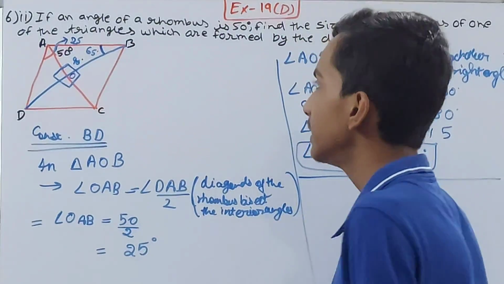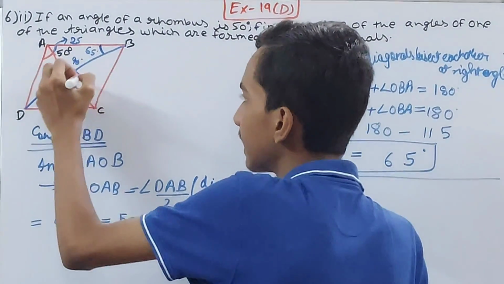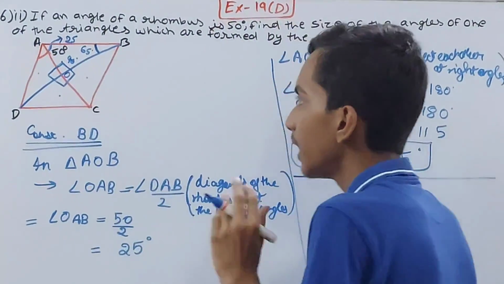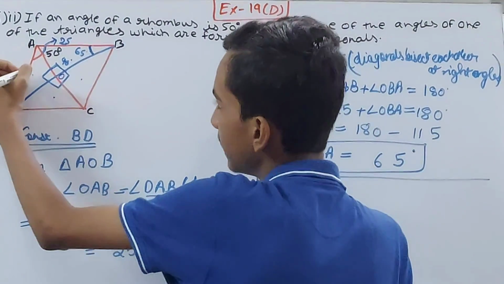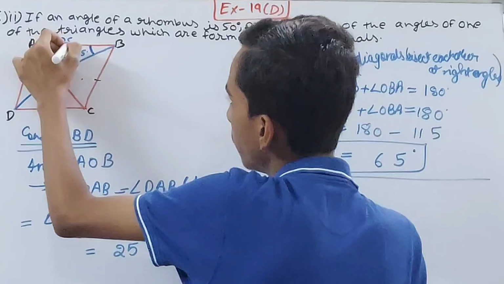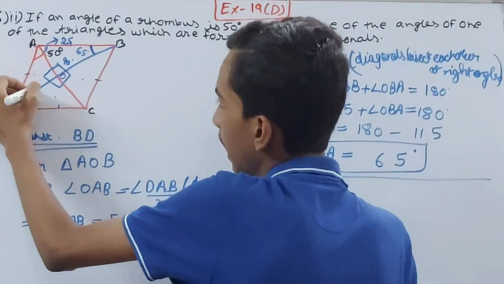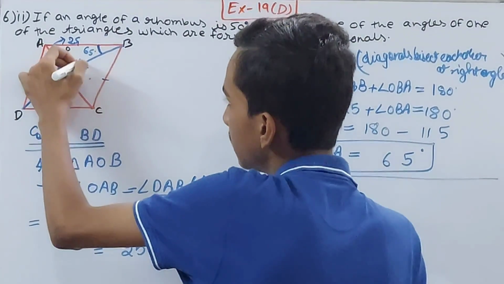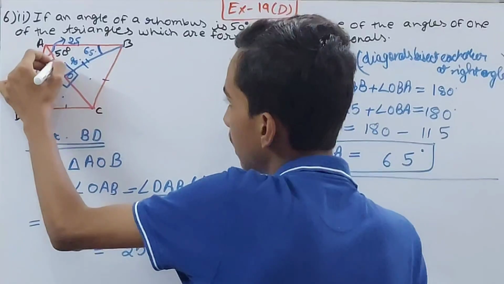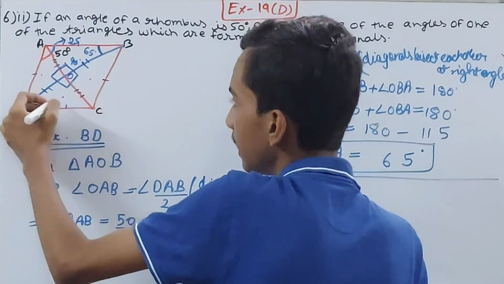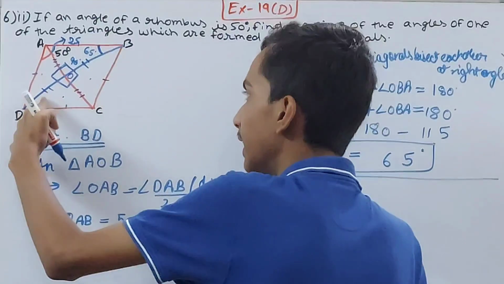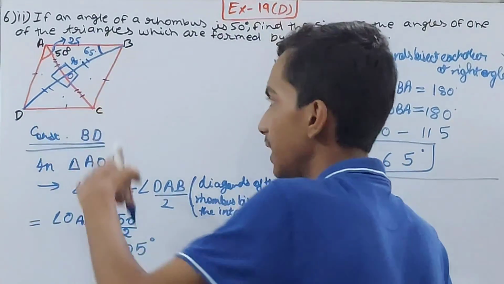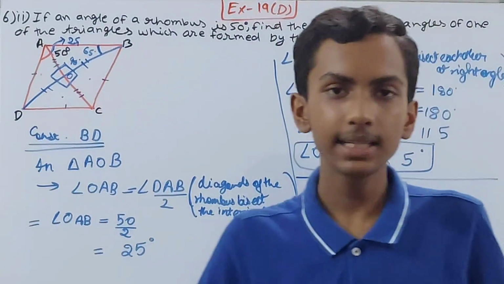Okay, that means this angle, this angle, this angle, this angle, they are equal. Fine, because you can see all the sides are equal, the diagonals bisect each other, and that is it. Side side side postulate, or you can even say two sides and one right angle. So they are basically congruent.